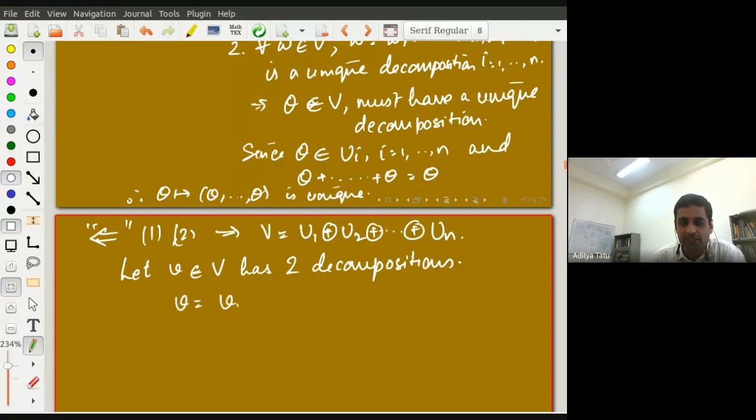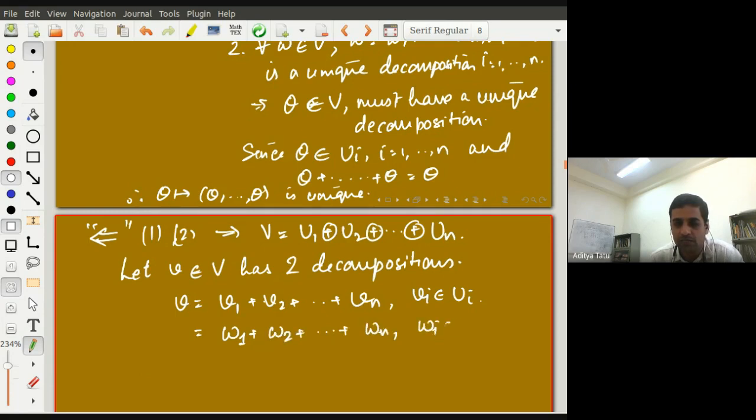V is V1 plus V2, and so on, plus Vn, where each Vi comes from the corresponding Ui, and also V is equal to W1 plus W2 plus Wn, where Wi is in Ui.